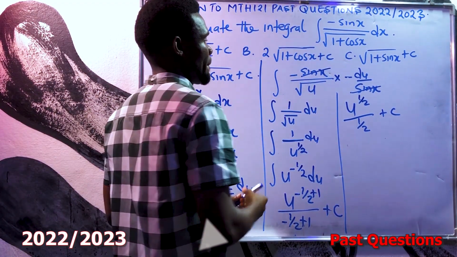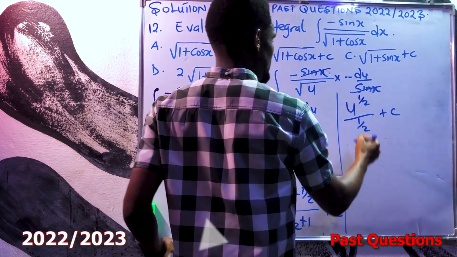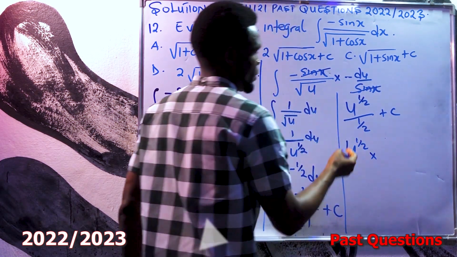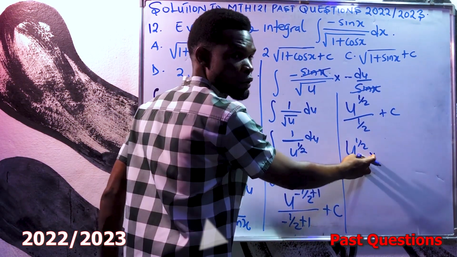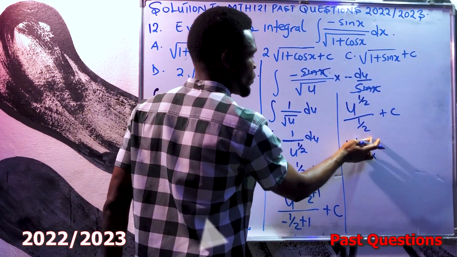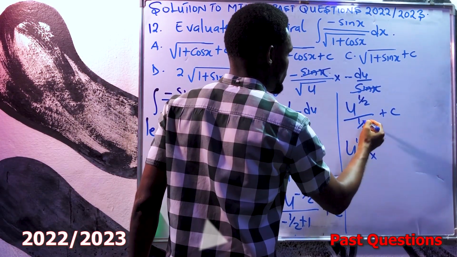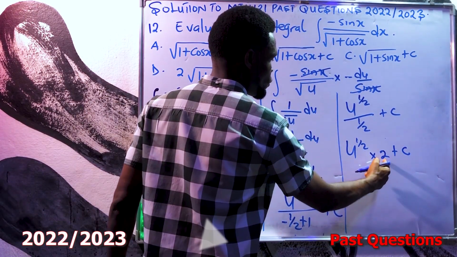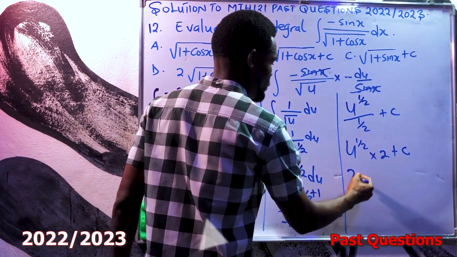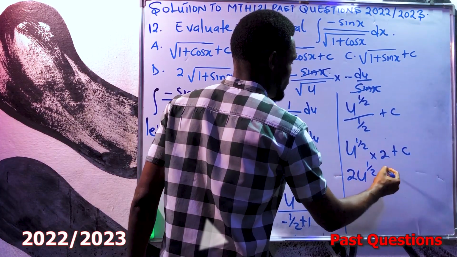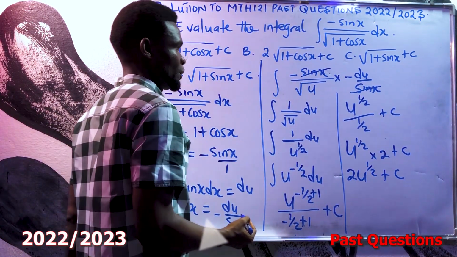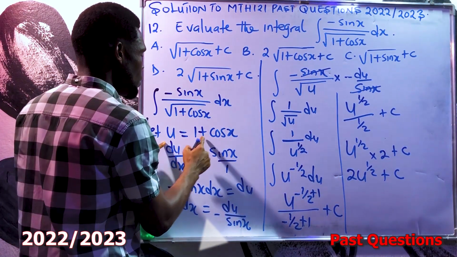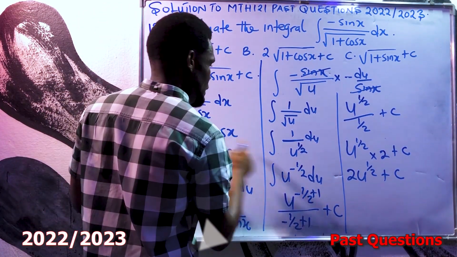Next, you clear this fraction here. So this is u raised to power 1 over 2 times, of course, this division will change to multiplication. Then 2 will go up, 1 will come down. So you have 2 over 1, which is simply 2, plus c. So this is 2 times u raised to power 1 over 2, is 2u raised to power 1 over 2, plus c. Then, what is the value of u? Don't forget, u is 1 plus cos x. So bring it back here.